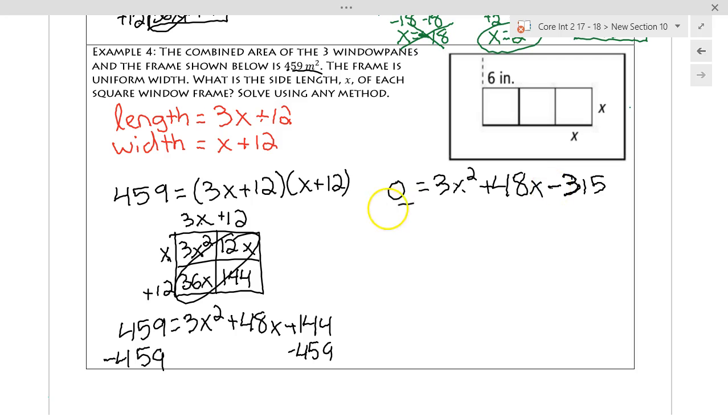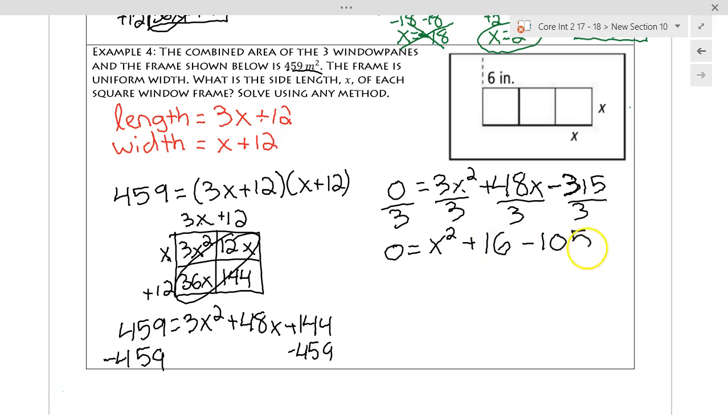Again, I want to see if it has the greatest common factor, so it's going to make my factoring that much easier. So 0 equals 3 divided by 3 is x squared. 48 divided by 3 is again 16. And 315 divided by 3 is 105. Again, you can use a calculator. I just know it.